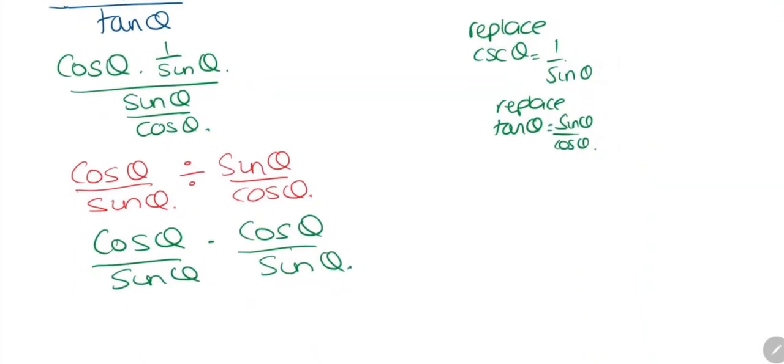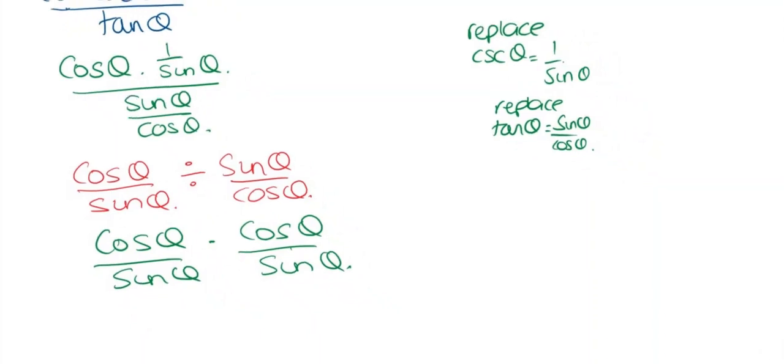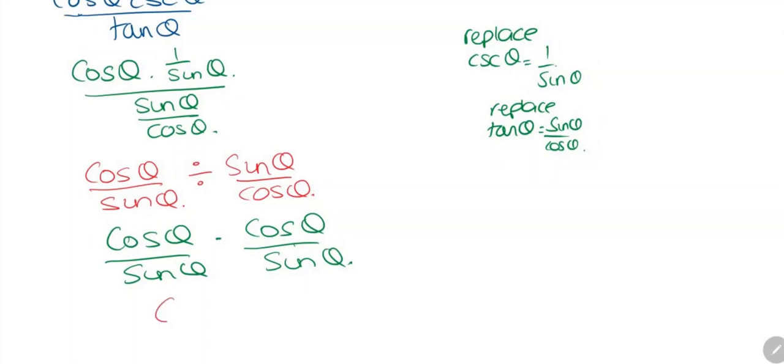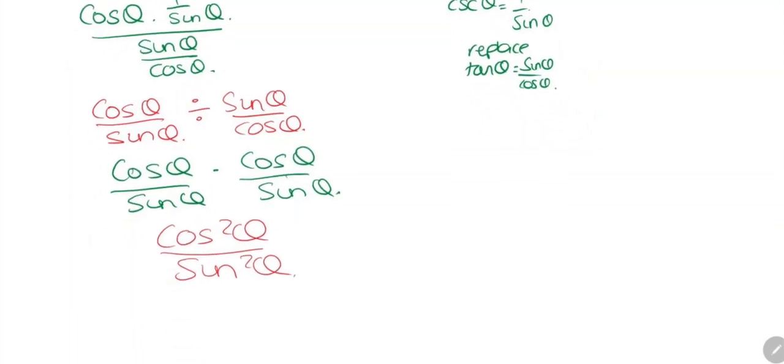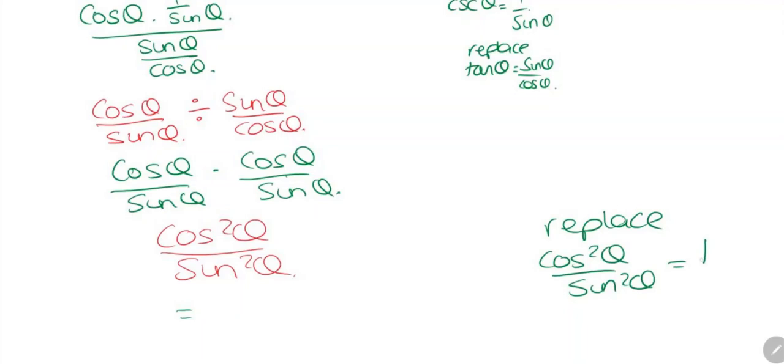And if I multiply those together across the top and the bottom, I'll have cosine squared theta over sine squared theta. And I replace cos squared theta over sine squared theta with cot squared theta. So our answer is cot squared theta.